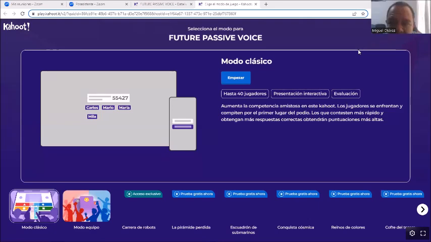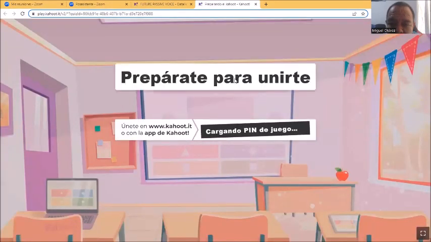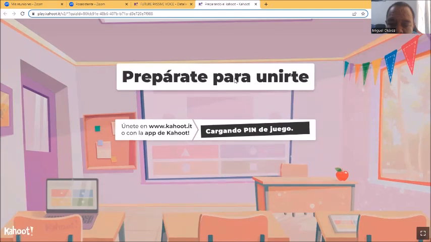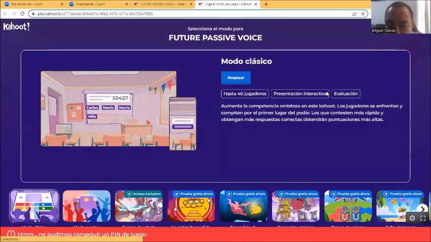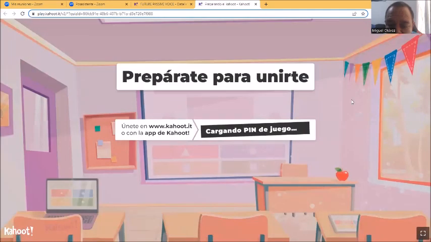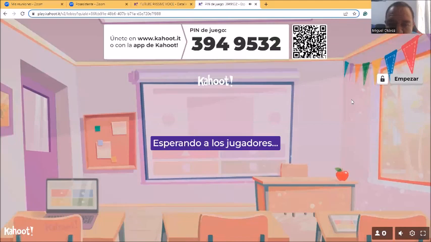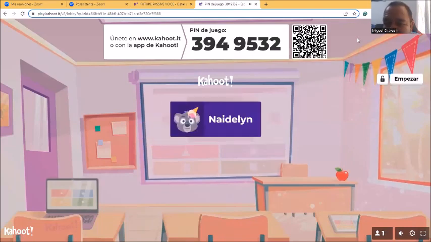Valeria, your mic is open. Okay, the PIN for the game is 394-9532, or scan the QR code that we have next to it.